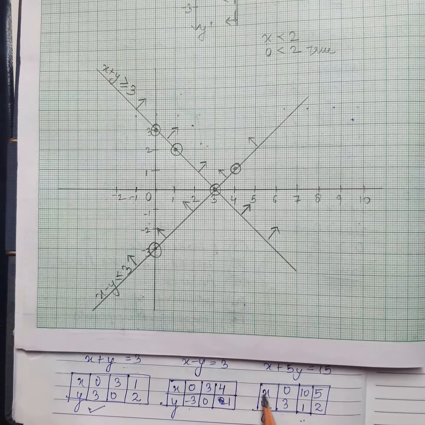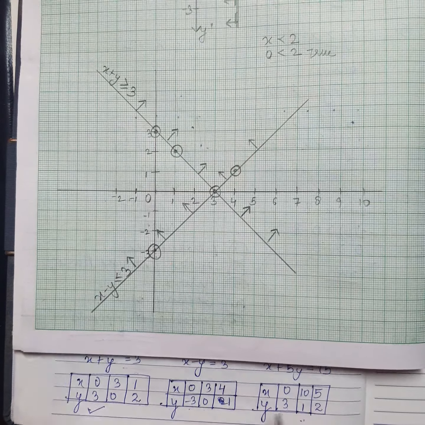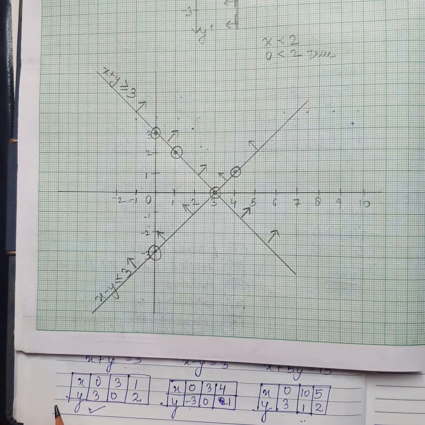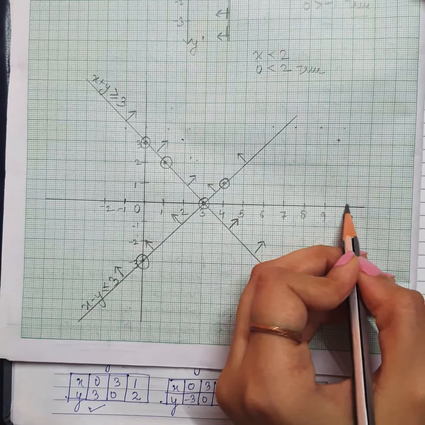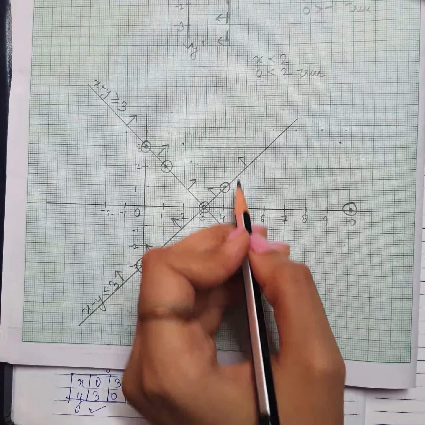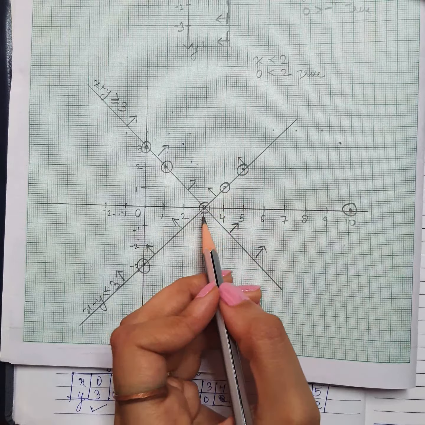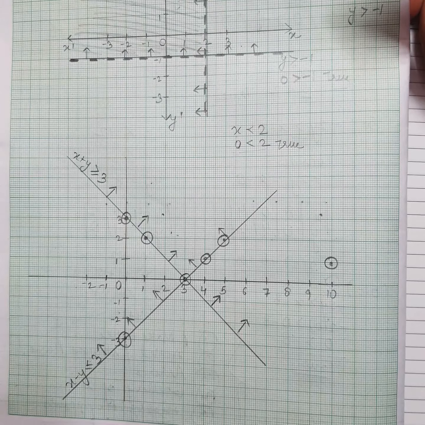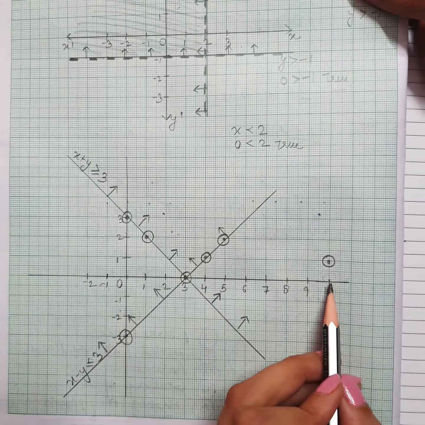Coming to the third line, let us plot the points. (0, 3), again the point is common. (10, 1) is here. (5, 2), 5 and 2. Okay, so (10, 1) is this point, not this one.